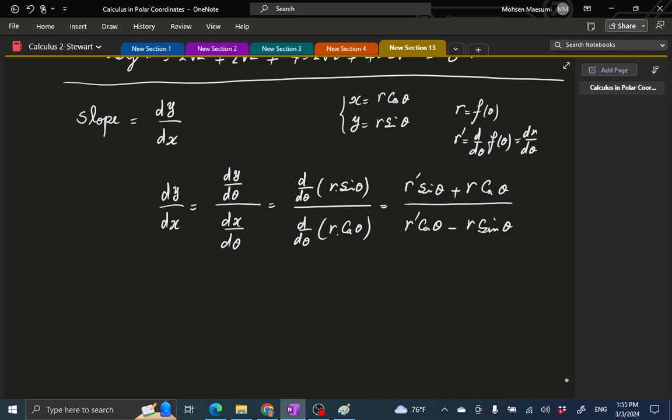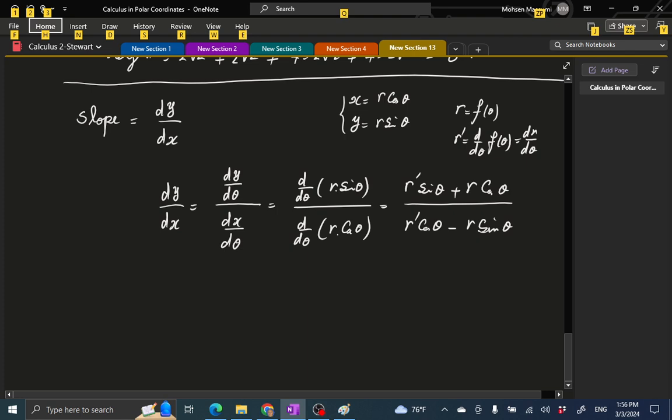So let's go and do an example of this. A good example again is that cardioid we looked at. Let's continue with that cardioid. So let's consider: find the slope of the tangent line at any angle you want, like pi over 4.